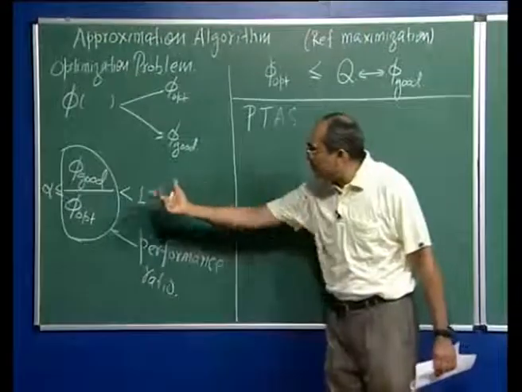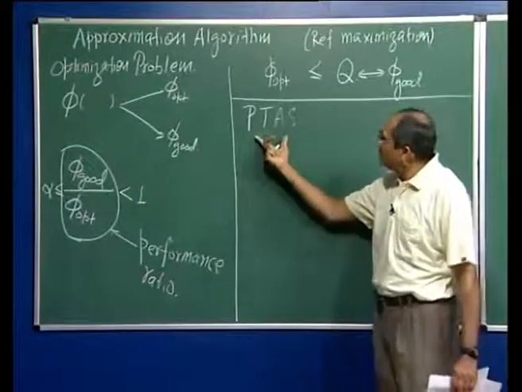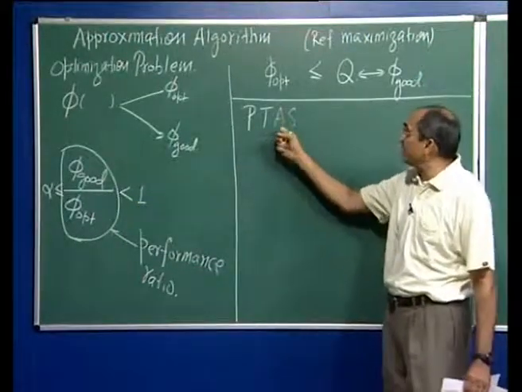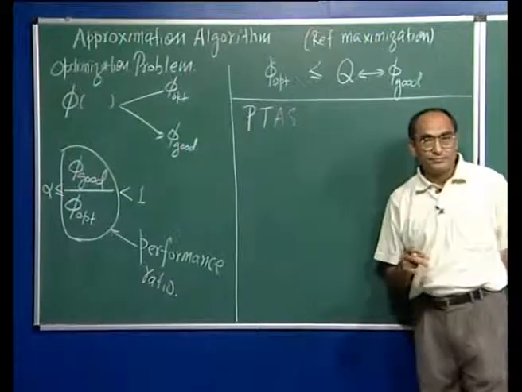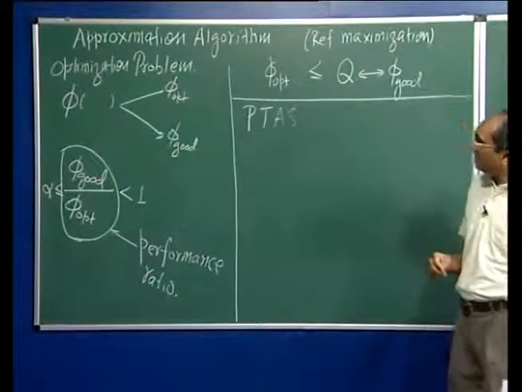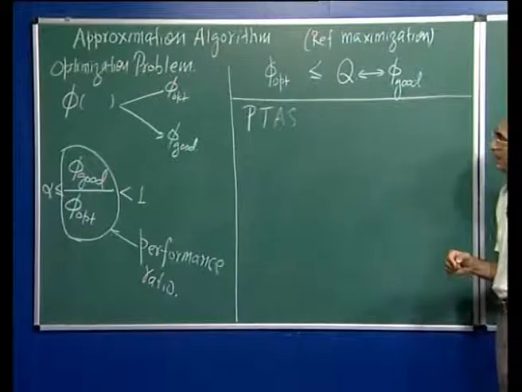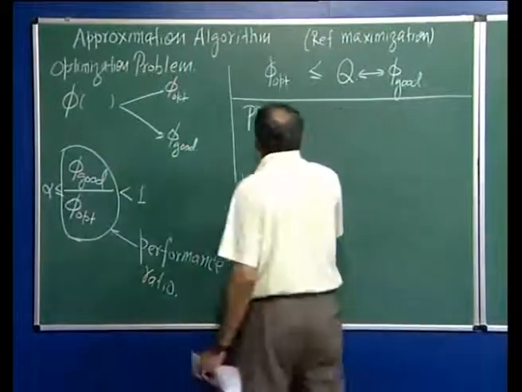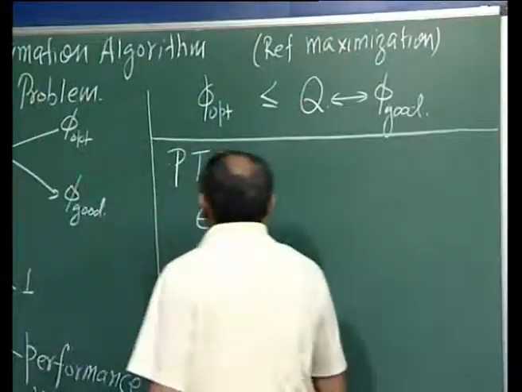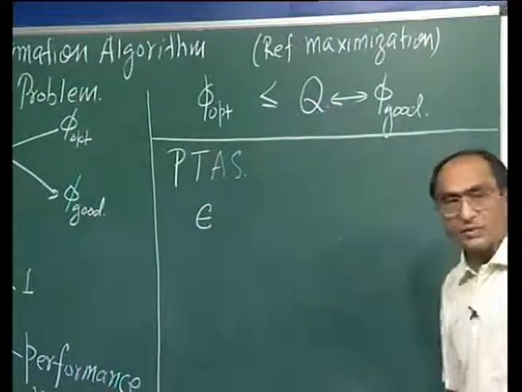Unlike an optimization algorithm, this is known as a polynomial time approximation scheme. Here what we are trying to do is, given an epsilon, once again let us assume we are talking about maximization.